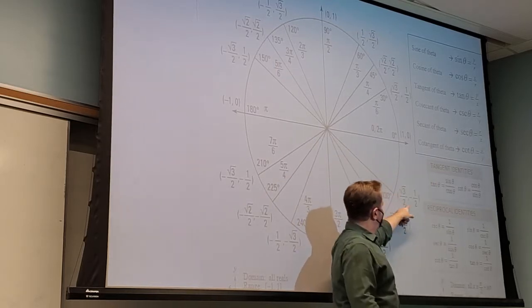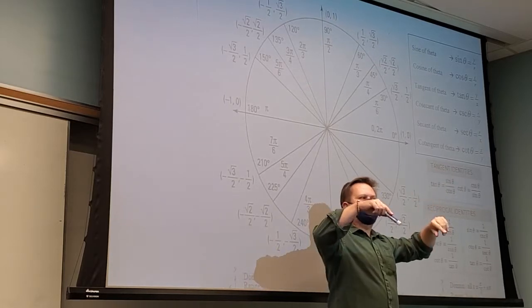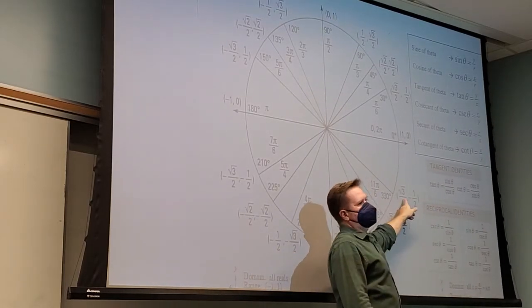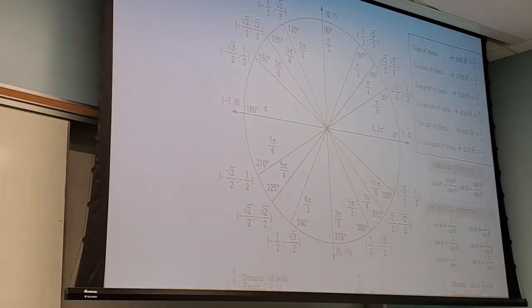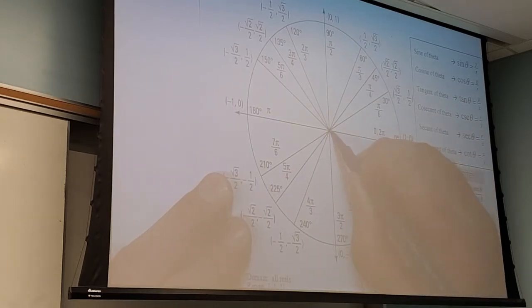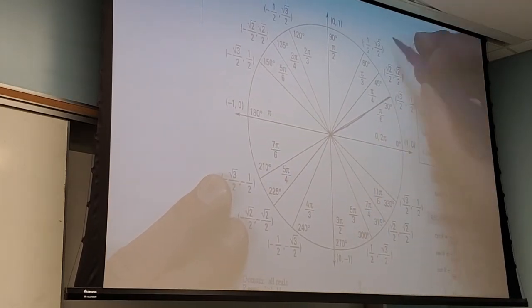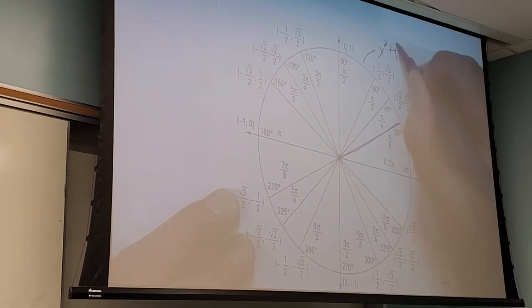There are points sitting on the unit circle. That's the reality. Cosine tells me the x piece, sine tells me the y piece. But if I am sitting on a unit circle, the equation of this circle is x squared plus y squared equals 1.